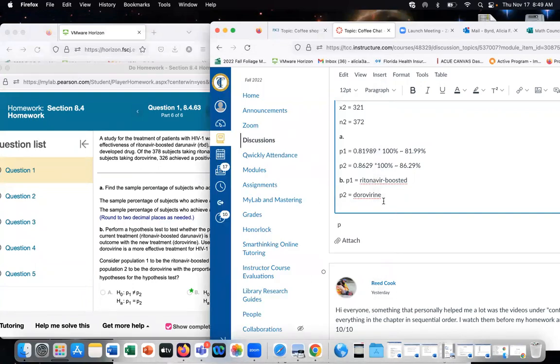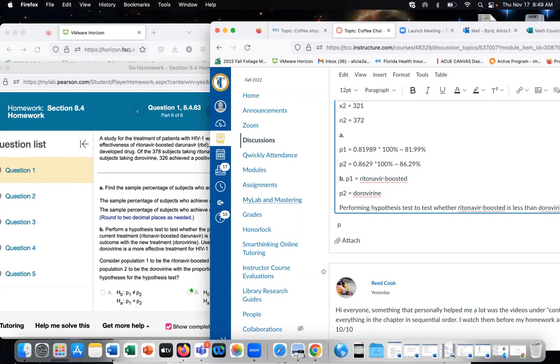So for the P1, the ritonavir, so you're performing a hypothesis test to test whether the ritonavir boosted proportion is less than the doravirine.